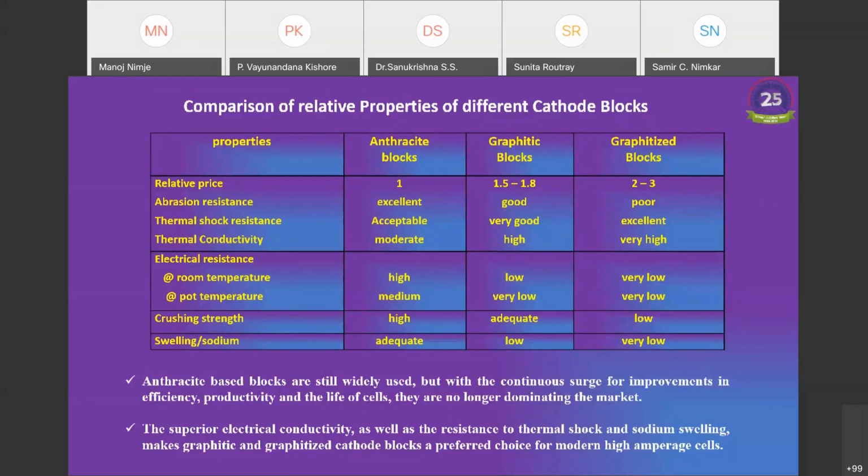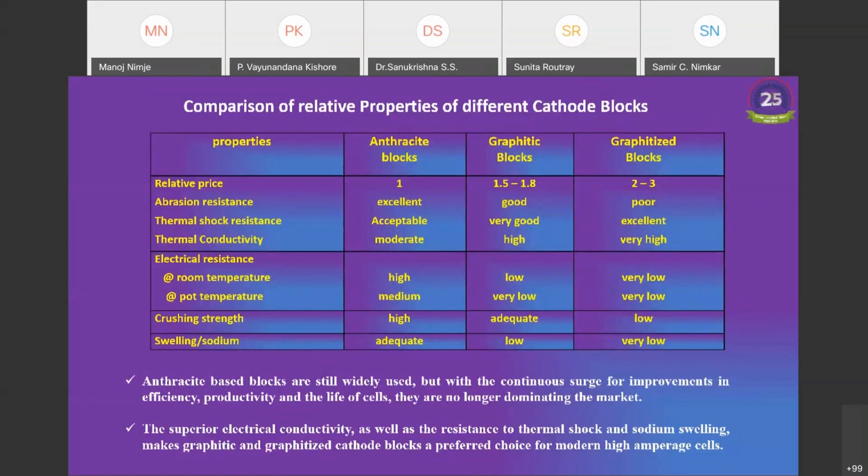And the most important property for the life of an electrolysis cell is the swelling of the block due to sodium penetration. This is adequate in the anthracite-based block compared to very low in the case of the graphite cathode block.